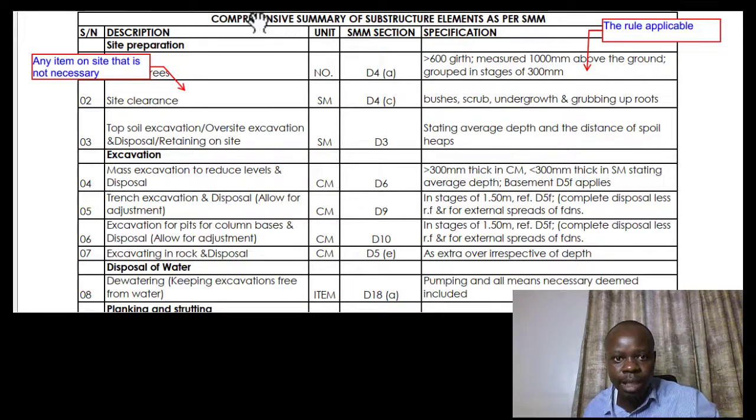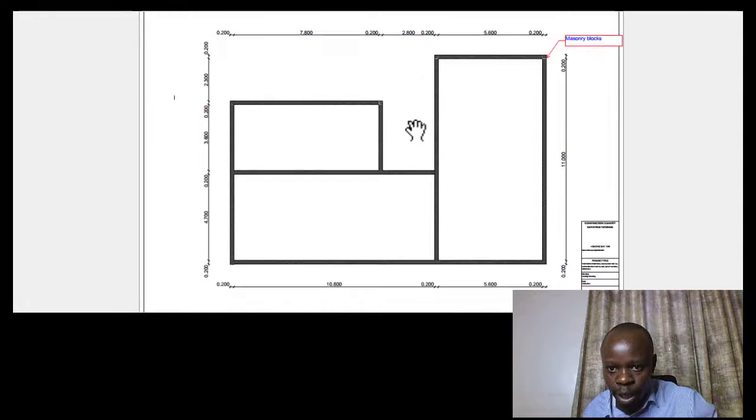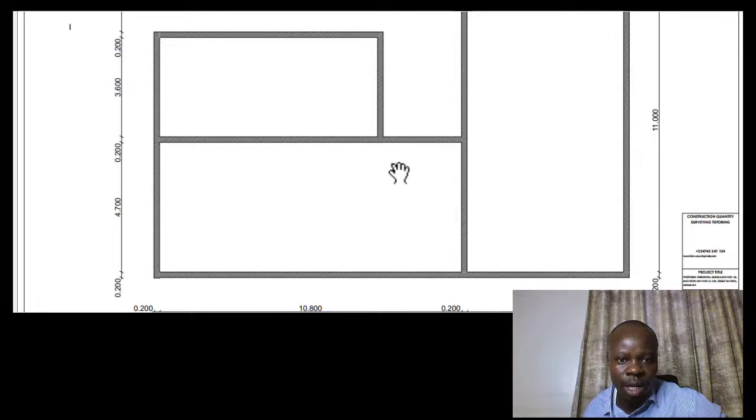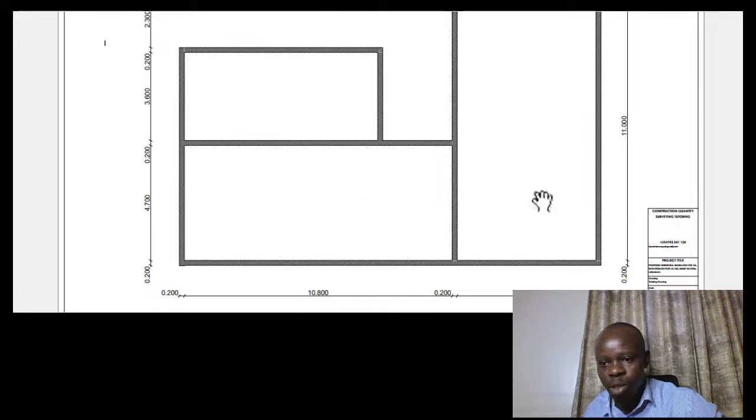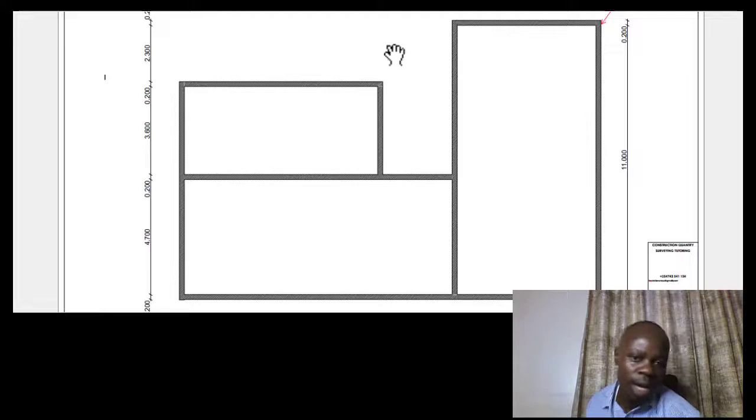Site clearance, this is what you have. Of course, you make your reference to the plan that was given to you to take off or to measure. So how do you go about it? This plan is not a perfect plan or a perfect rectangle, as it would be in most cases for the houses that you will be dealing with. So how do you measure this?